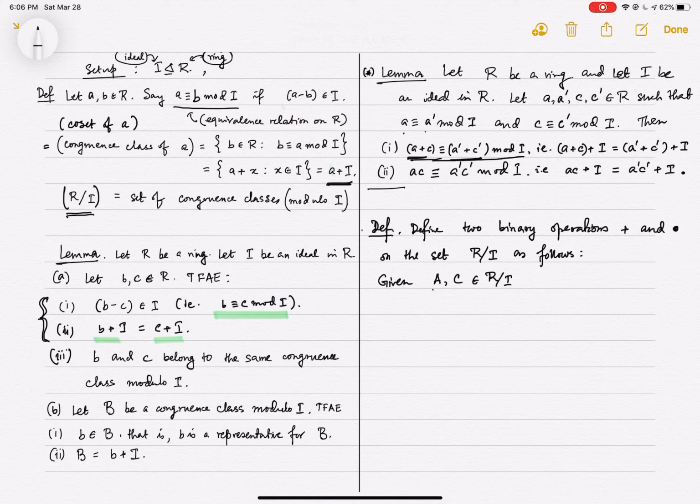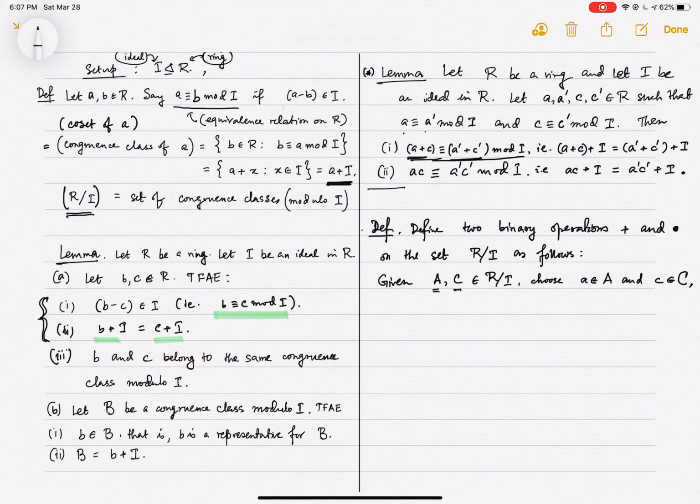What kind of creature are capital A and capital C? Well, they are subsets of R. They are sets that look like this for some little a. Okay, so given capital A and capital C, here is the prescription. You choose an element from capital A and an element from capital C. Choose any.